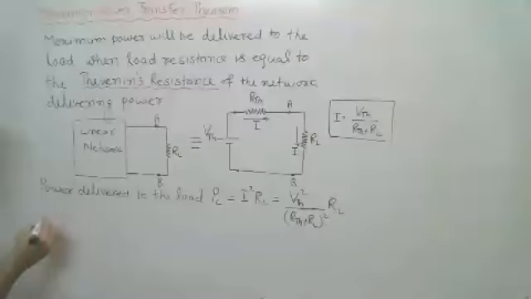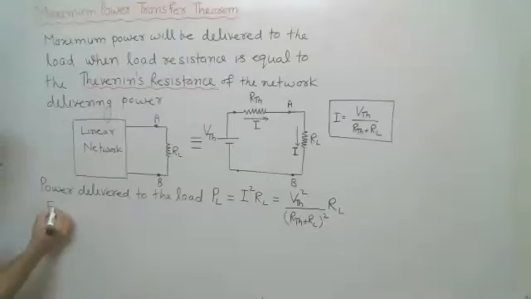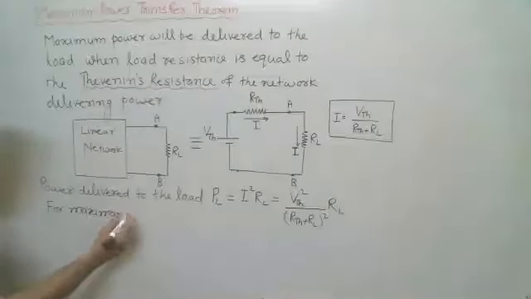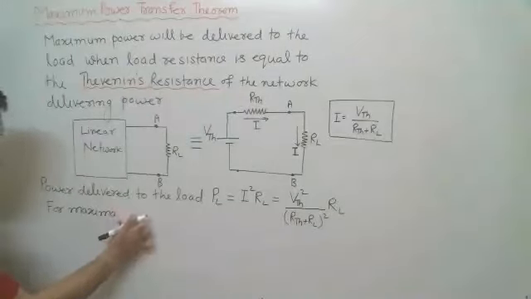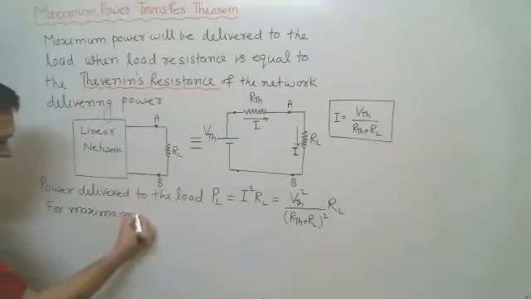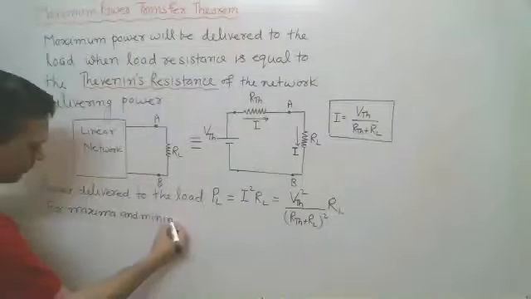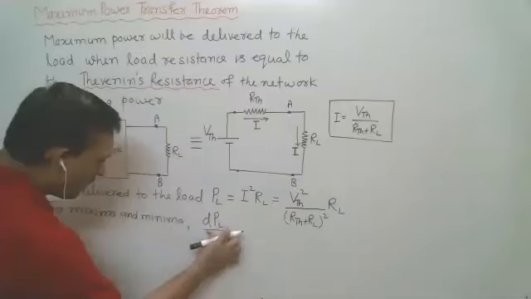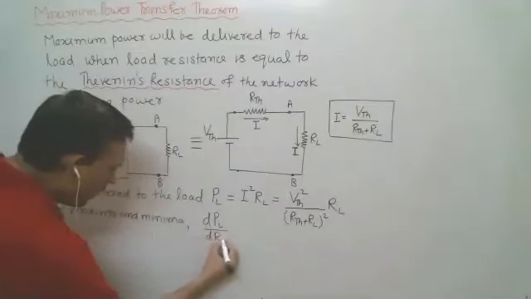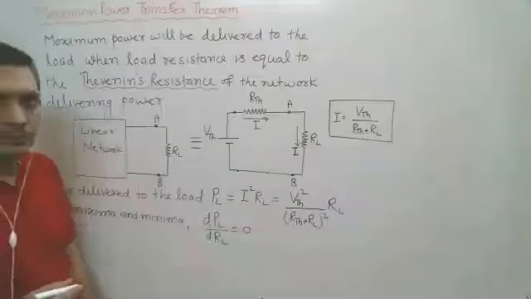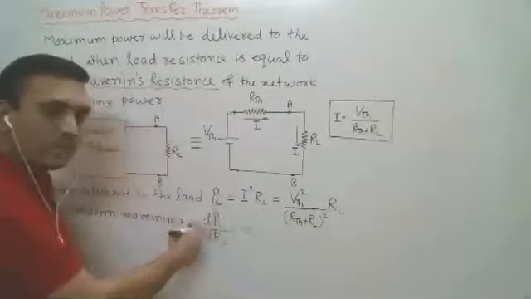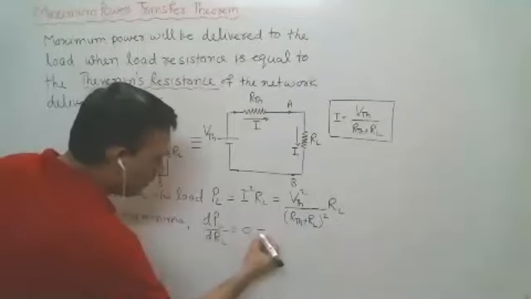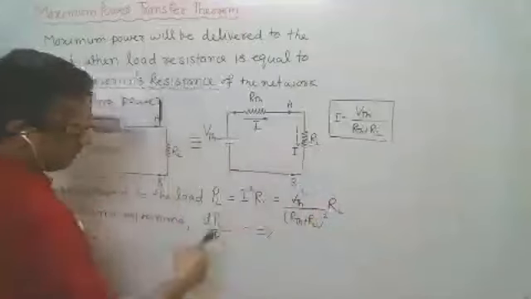So for maxima and minima condition, you have to differentiate this power with respect to RL and equate it to 0. This condition will give you maxima and minima. So let us differentiate this.